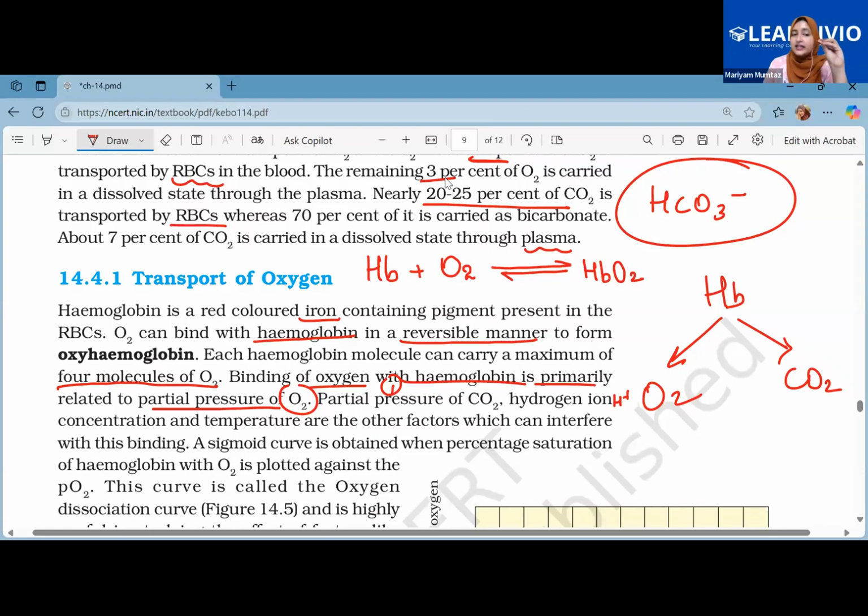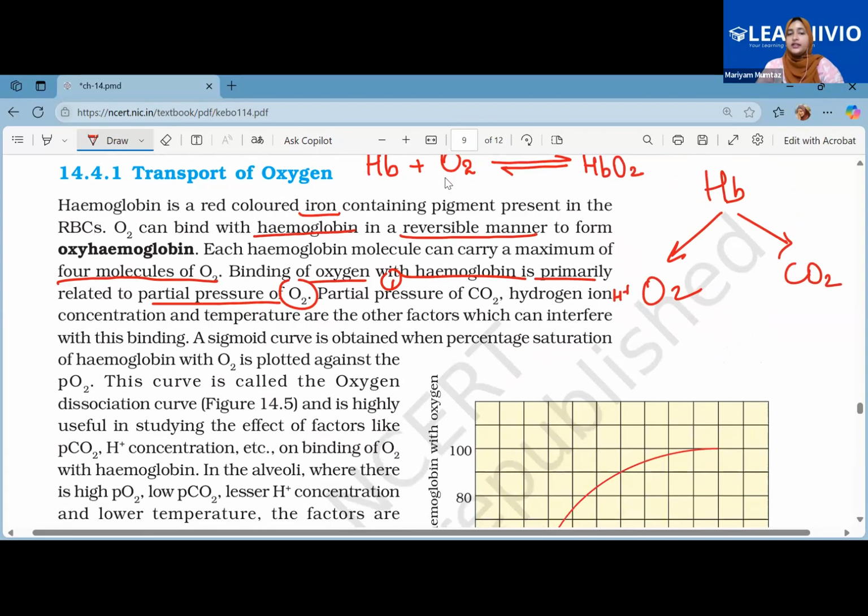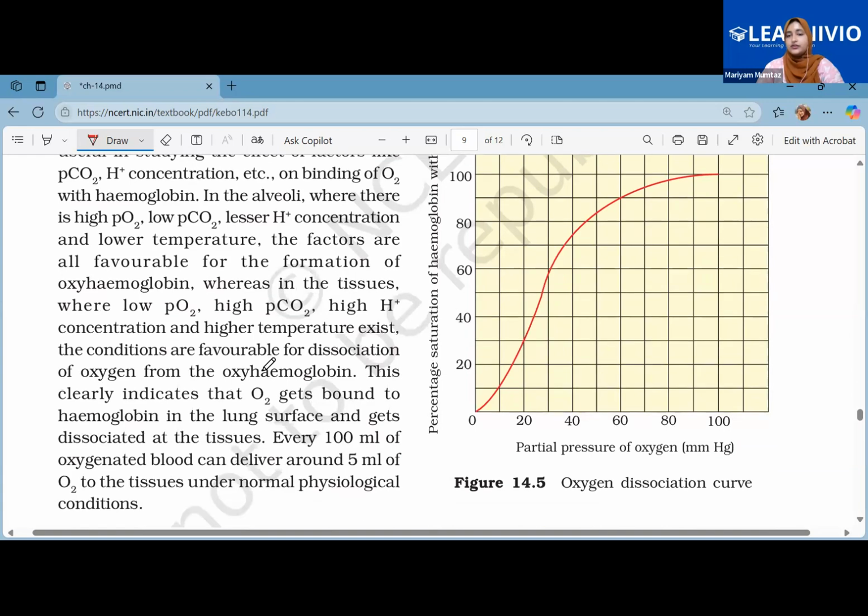These things can interfere with the binding of hemoglobin with oxygen. A sigmoid curve is obtained when percentage saturation of hemoglobin is plotted against the partial pressure. It is an S-shaped graph that you get.